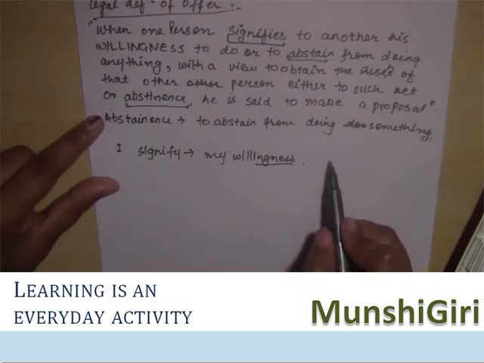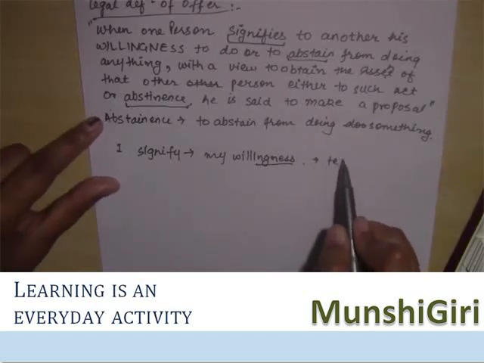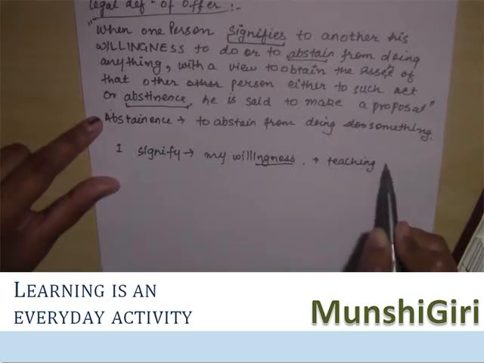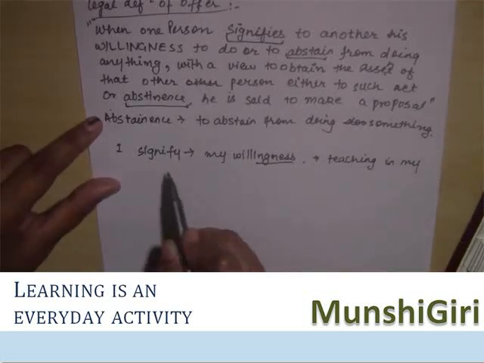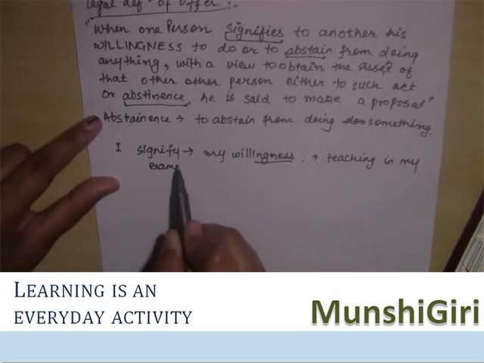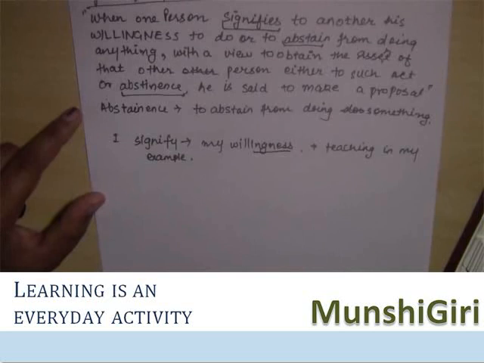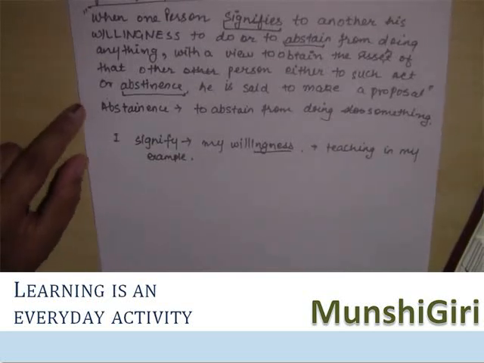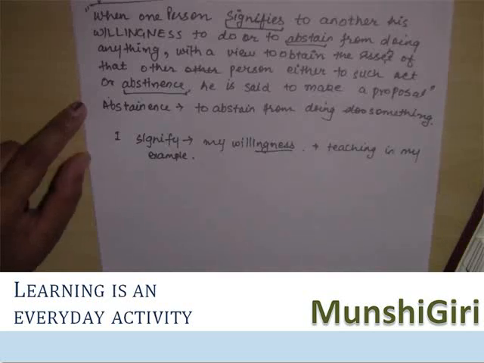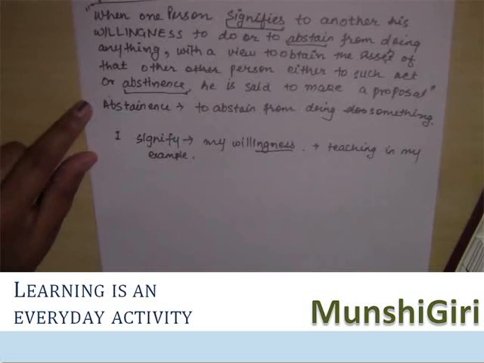Now what is that something? That something is teaching in my example. What is my purpose by making an offer of teaching here? It's simple. I want to obtain your assent as to whether you would like to study from me.